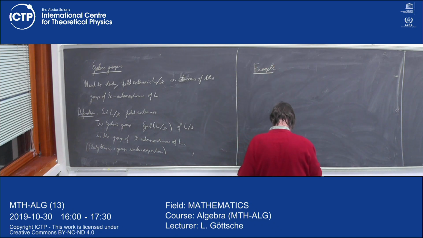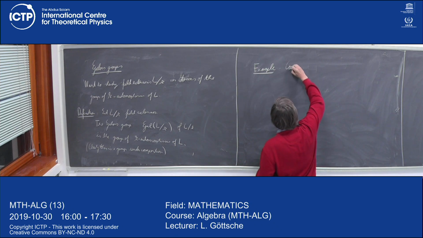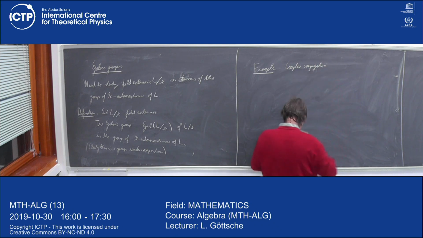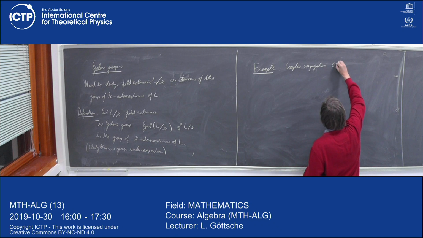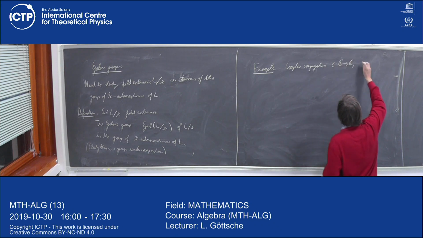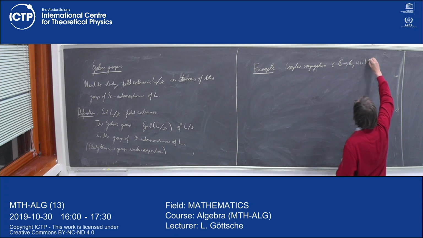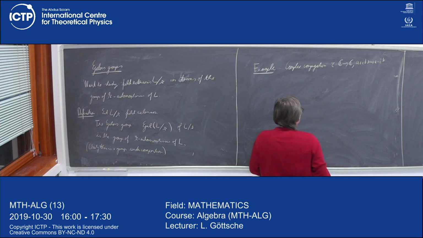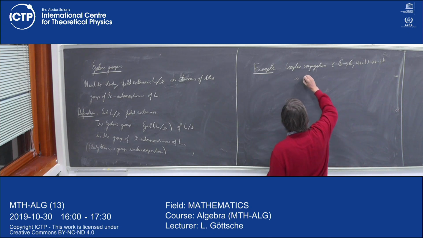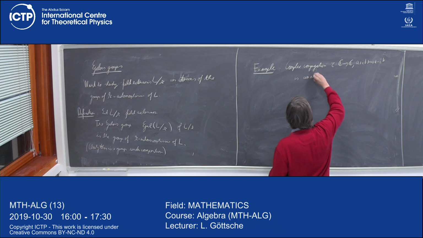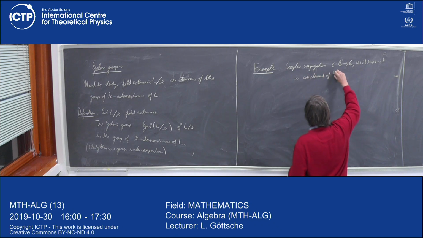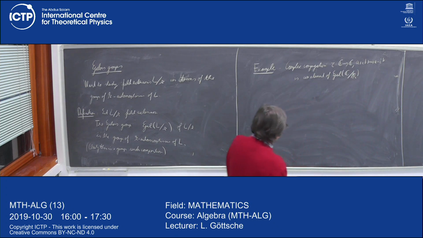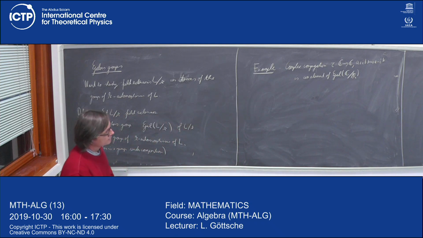For instance, the complex conjugation tau from C to C, which sends a plus ib to a minus ib, is an element of the Galois group of C over R. Obviously the identity is always in it, but okay.